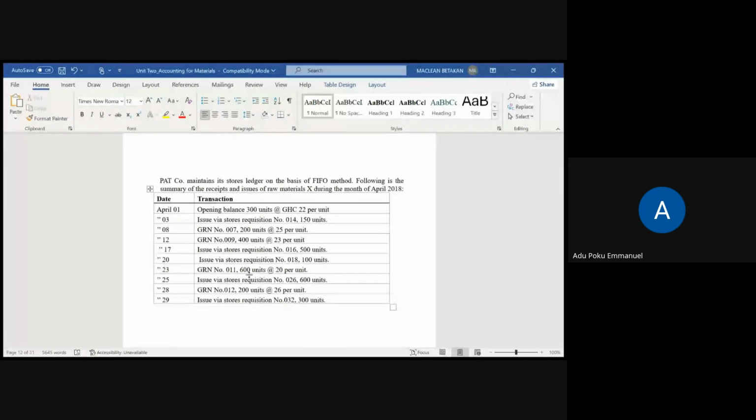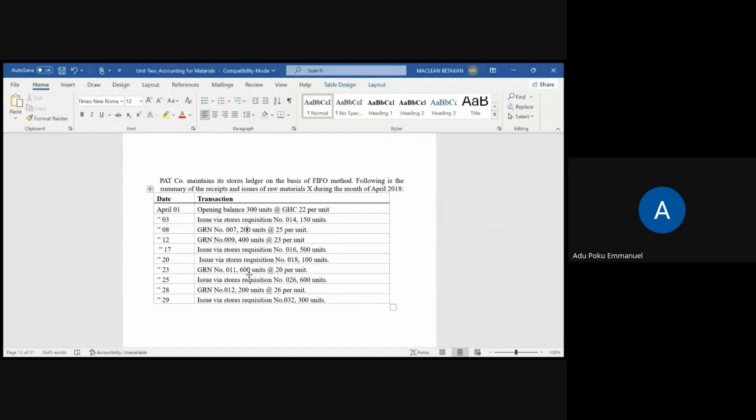April 1st, opening balance 300 units at 20 Ghana cedis per unit. April 3rd, issued via store requisition number 014, 150 units.